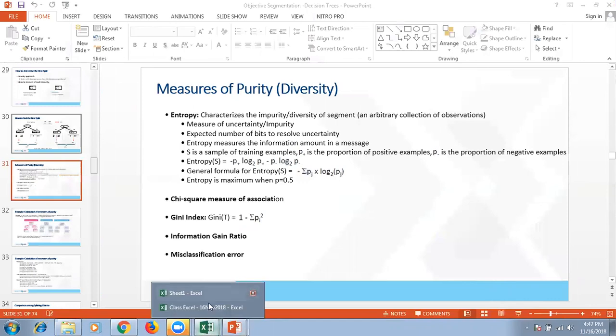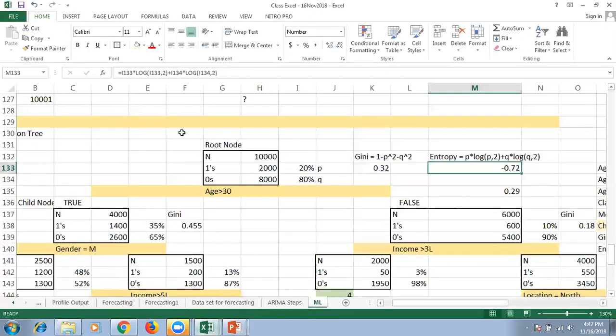Okay, the formula has a minus sign. So this is the formula for entropy.